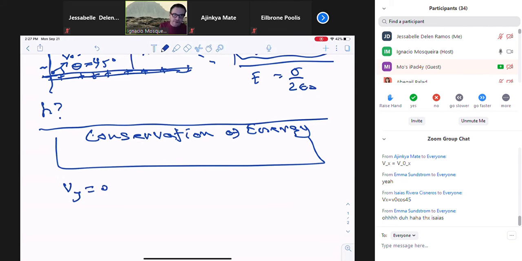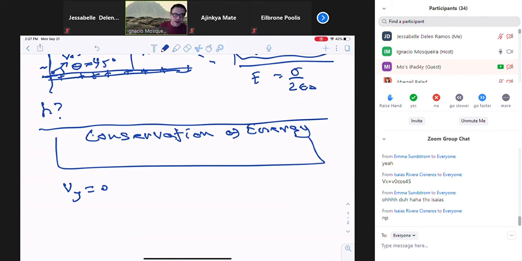At the top, there is no Vy, because if Vy is positive, then it would keep going up. If Vy is negative, then it would be moving down. Right at the top it is not moving up or down, it's just moving horizontally at that point. That's the condition. That's how you decide that it's reached the top: when Vy equals 0.